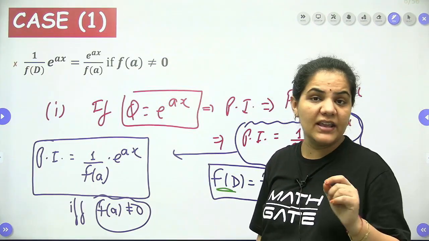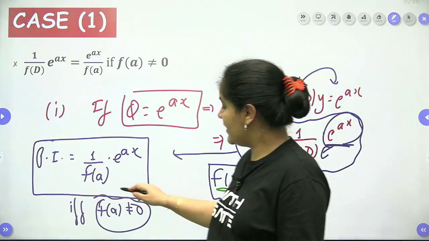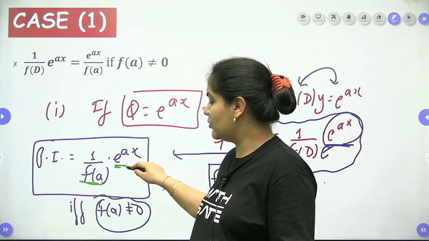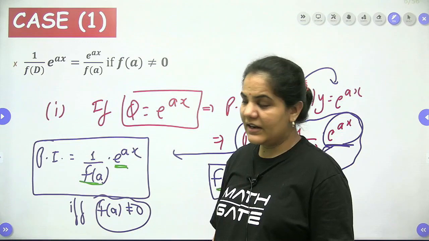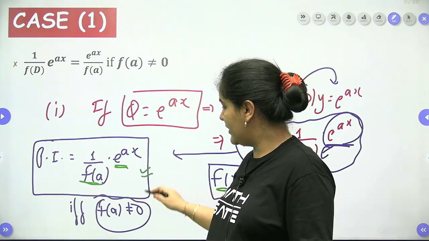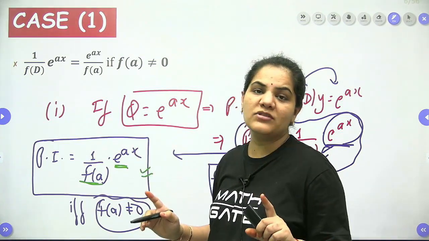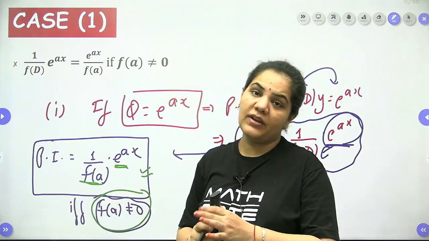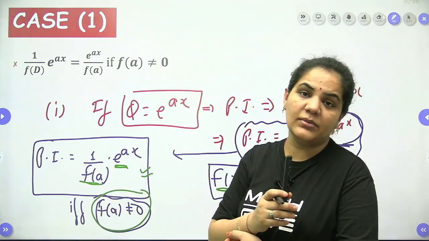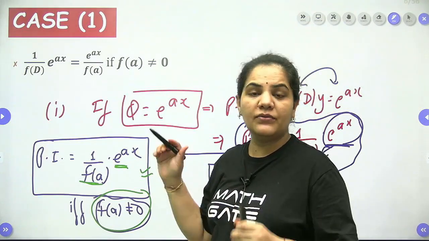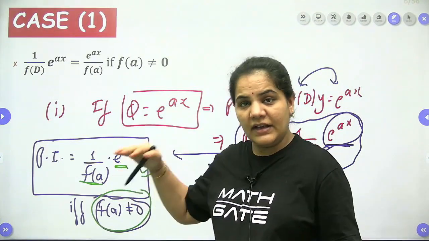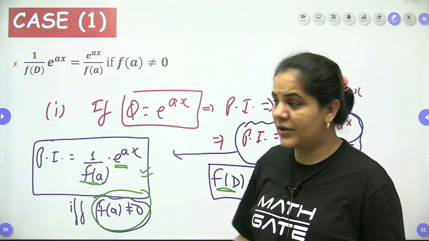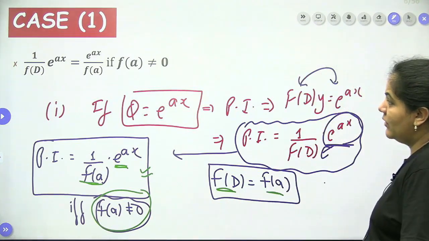It becomes 1 by f(a) into e to the power ax. Clear, guys? This will be the PI, and it's only possible when f(a) is not equal to 0. If f(a) is equal to 0, it's not at all possible to approach this way, right? I will tell you what happens if f(a) is equal to 0. That will be our case number 2. So right now I think you are getting my point.